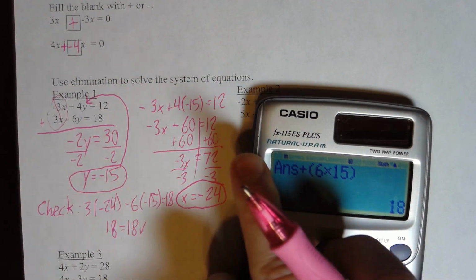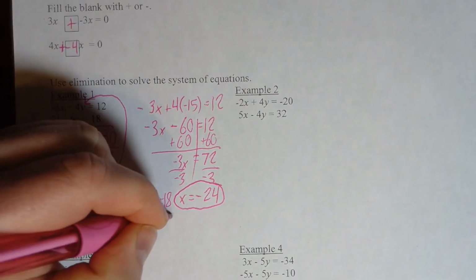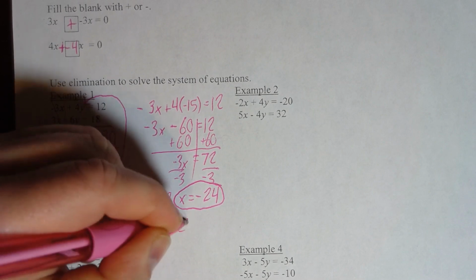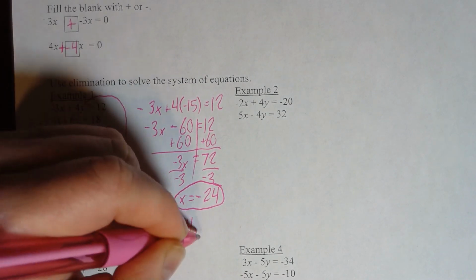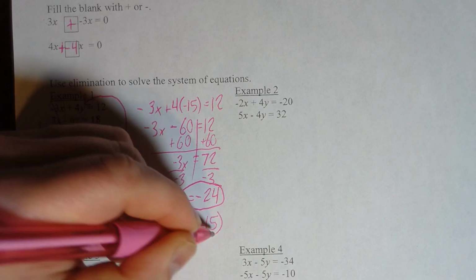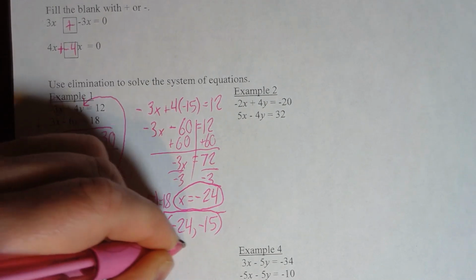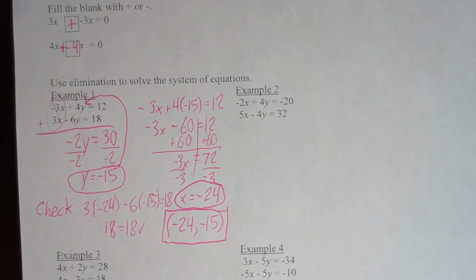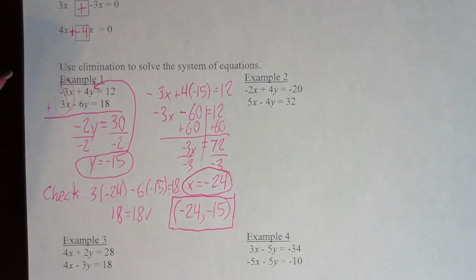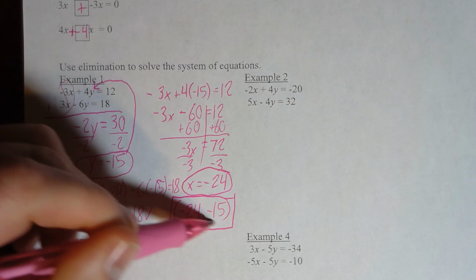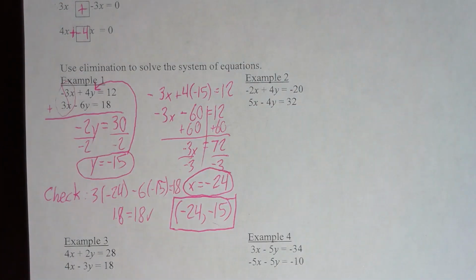That worked out, and now I'm really confident that my final answer is negative 24, negative 15. That is the moment in time where these two equations are going to intersect if I graph them on a coordinate plane. This is the only x and y that I can plug into both equations and get a true statement. Let's try the next one.